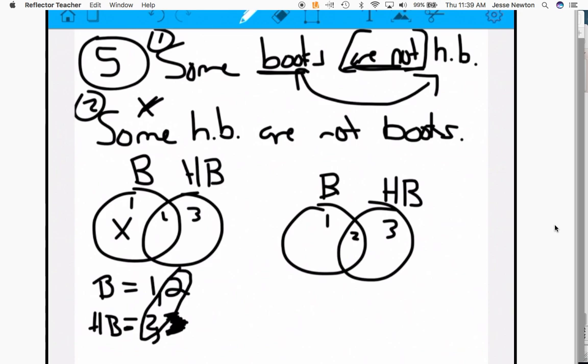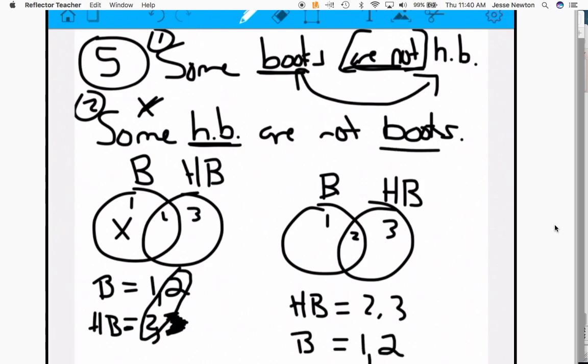Well, down here, when we do this one, notice that hardback is our subject term now. 2 and 3. Hardback is the subject term. And B is our predicate term. 1 and 2. So what we do is we identify the region of overlap. We eliminate this. And we're saying some hardbacks are not books.